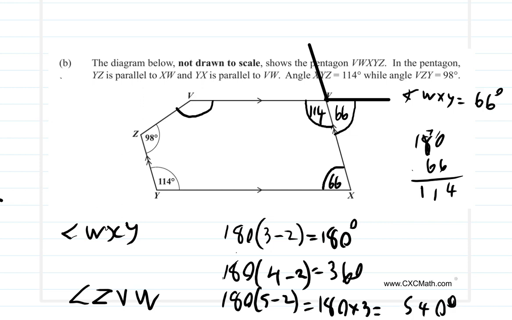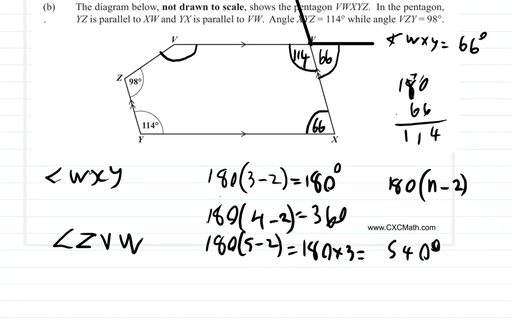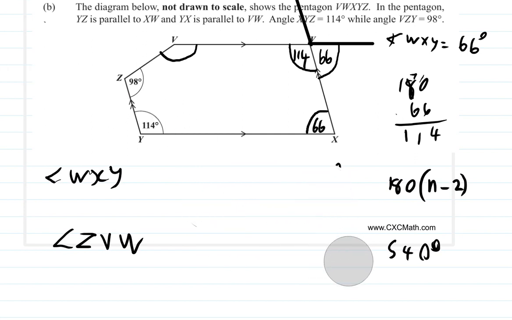Just as a reminder, how to get the angles within a polygon: a polygon contains 180 times n minus 2 degrees, where n is the number of sides. So just remember that. Now, all 5 sides would add up to 540. What does that mean? Let's erase this. You know it's 540.